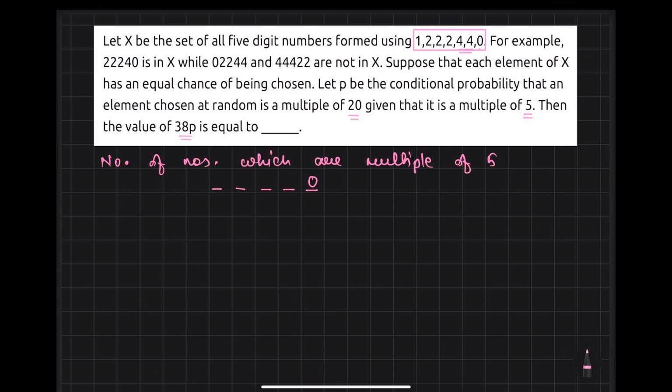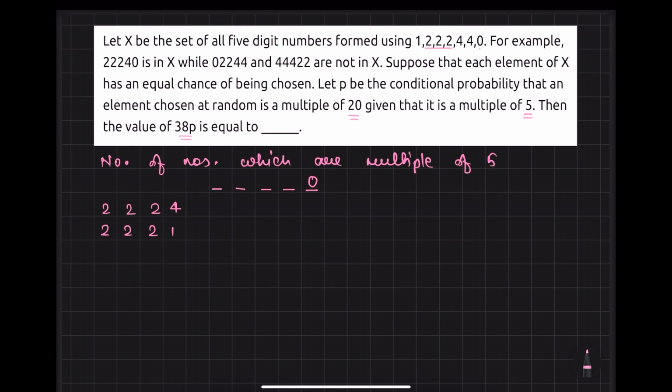Now the remaining 4 places are there and you have to use numbers. In these 4 places I will use the maximum number of 2s and then keep on reducing. I will use 2, 2, 2, and I can use 4 or 1.